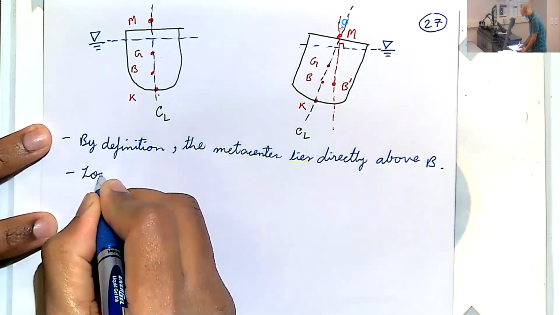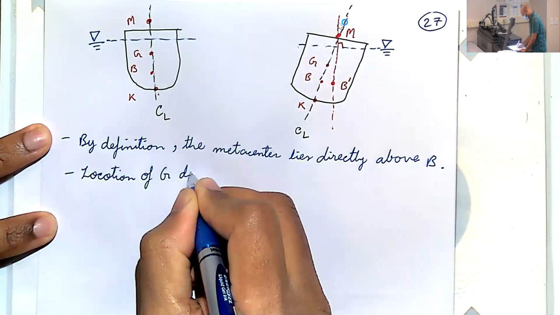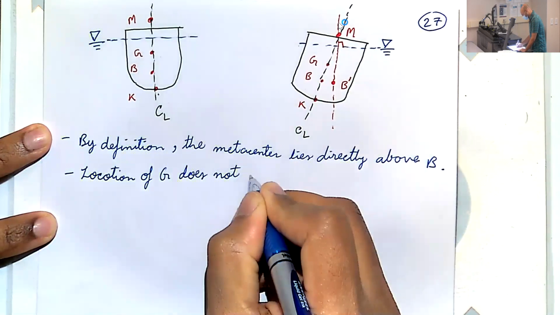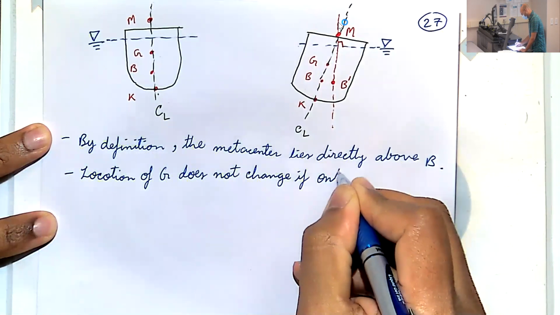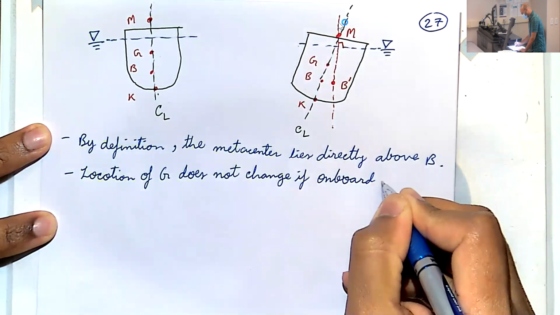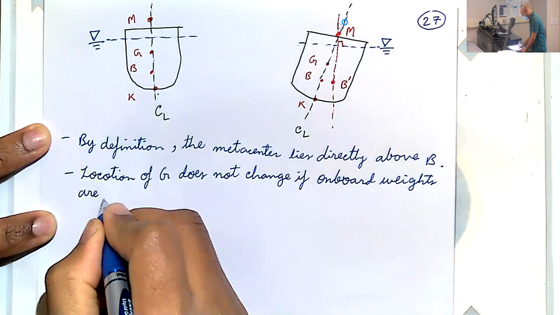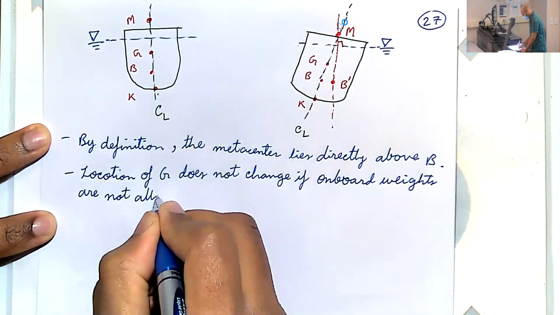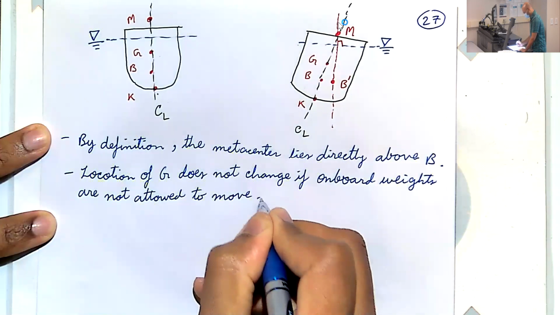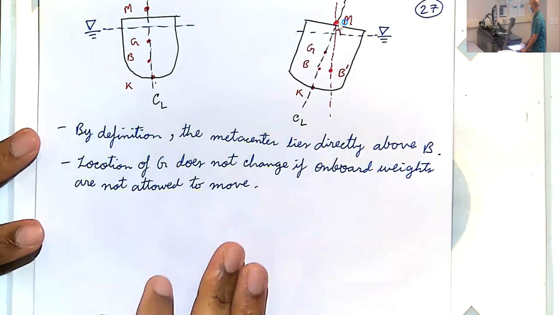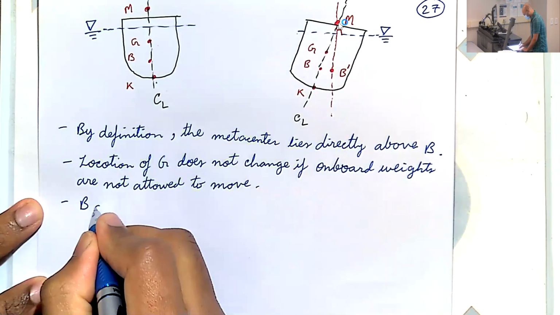The location of G does not change if onboard weights are not allowed to move. The thing that does move is the center of buoyancy. So B does move.